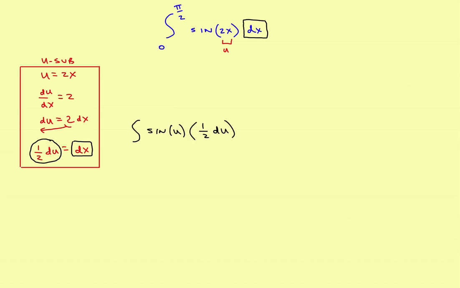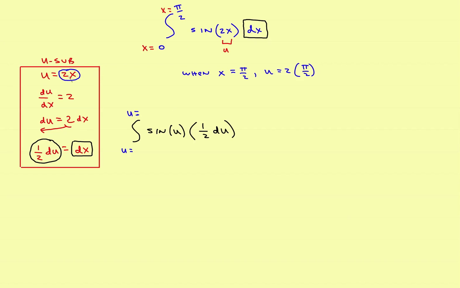Now once again, same old thing, you got to change the limits. Easy step to forget. Right now this goes from x equals 0 to x equals pi divided by 2. Well, what we want to do is change it from u equals something to u equals something. So you got to get the whole thing in terms of u. So again, to do that, I'll use the fact that u is equal to twice x. So starting with the top limit, when x is equal to pi divided by 2, u would be equal to twice pi divided by 2.